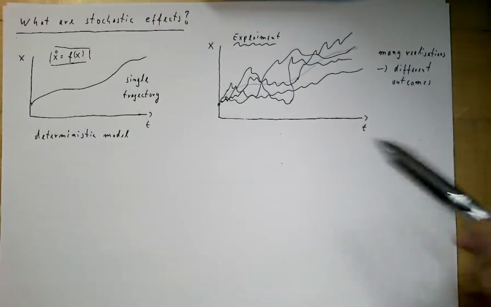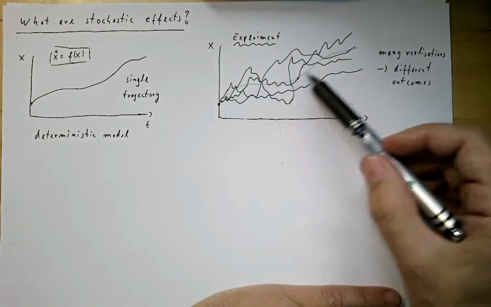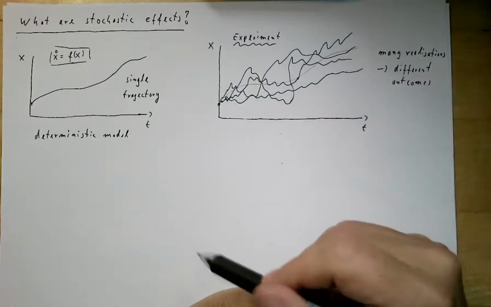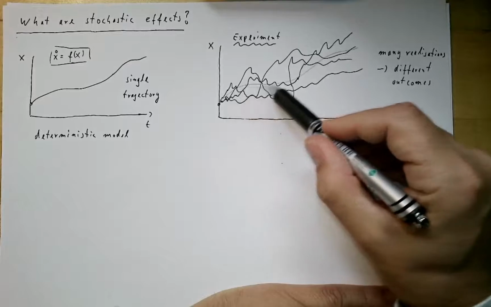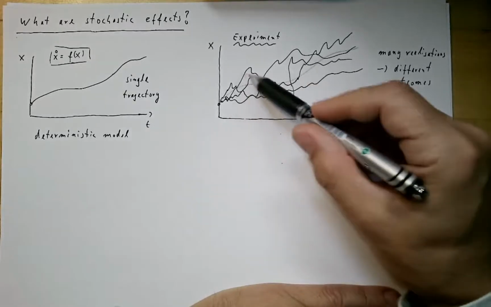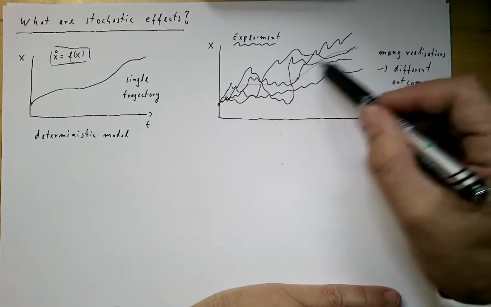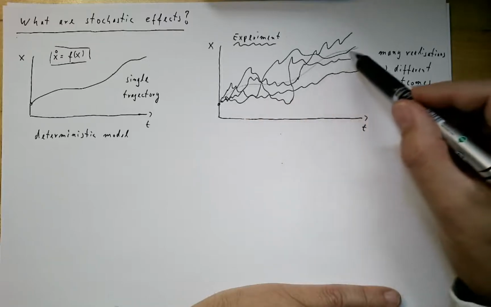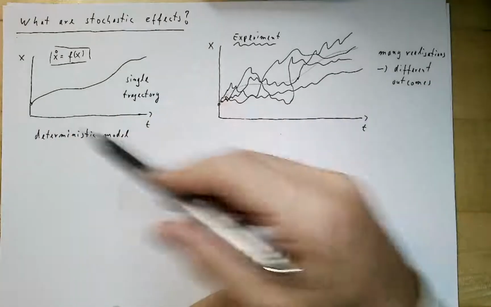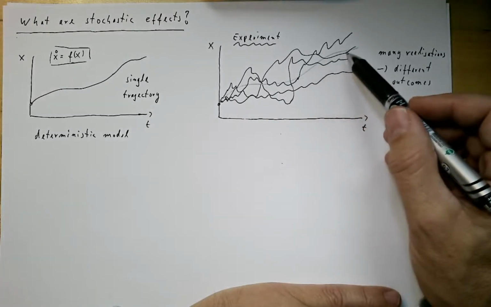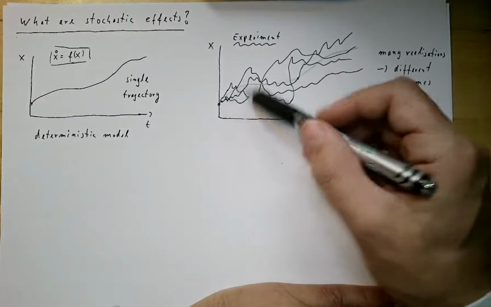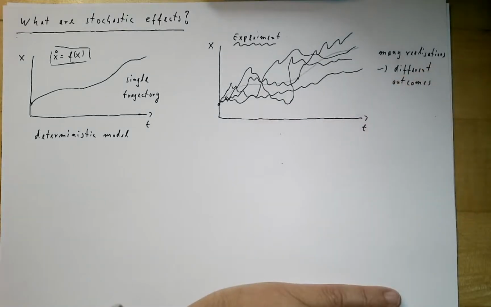And so we say the outcome of our experiment is a stochastic process, but we see also that all the outcomes of the experiment kind of mimic or scatter around this deterministic solution. So there is a general tendency very often in such data, but we see some scattering around.